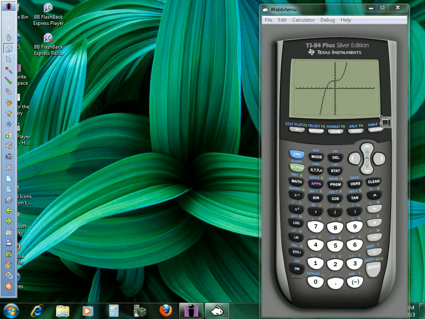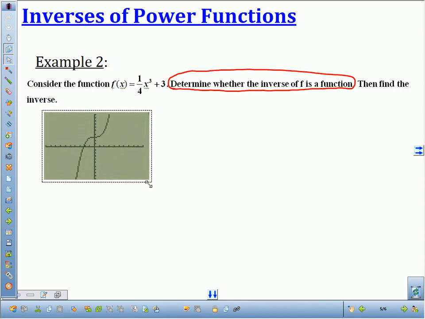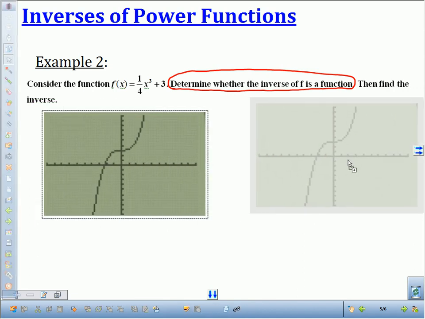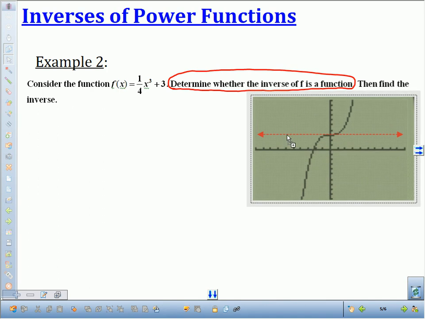Zoom in, way in on this. We can make it nice and big. Now here I have the graph of this function. You can see that if I were to create a nice horizontal line, this horizontal line would not touch this graph in more than one place.